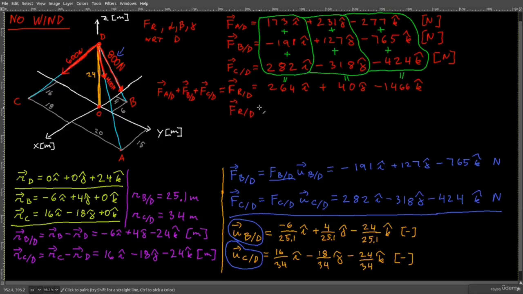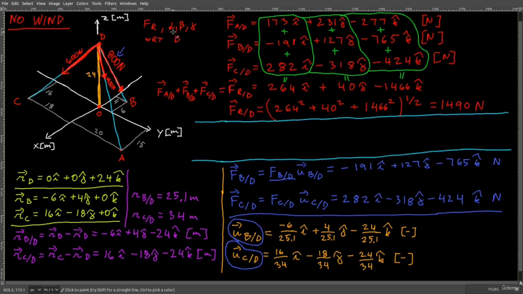The magnitude of the resultant vector with respect to D is the following: 264 squared plus 40 squared plus 1466 squared. You take the square root of it and you get 1490 newtons. And finally, to calculate alpha, beta, and gamma for the resultant vector, you know the formulas for that as well.